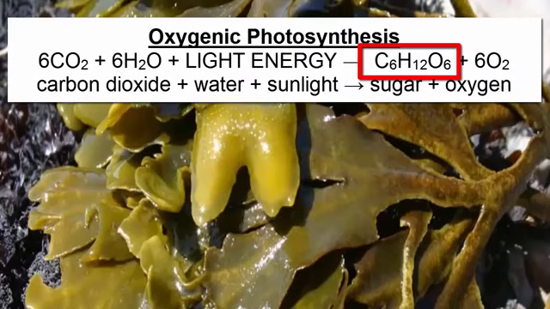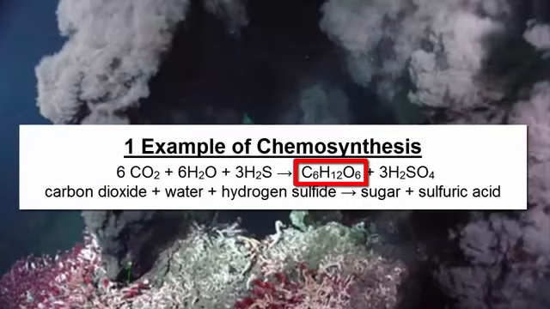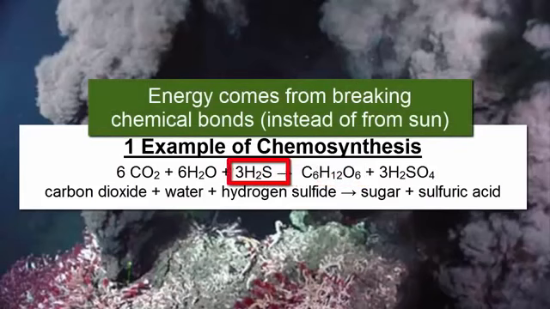Although photosynthesis is by far the most common form of sugar synthesis at work on Earth today, another process at work where light is absent is called chemosynthesis. Instead of harnessing energy from the sun, chemosynthesis harnesses energy held within chemical bonds of gases and minerals.